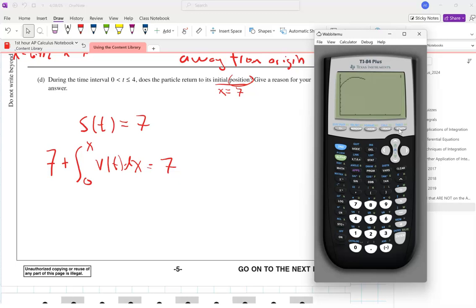But you have to remember how to get that integral graph on your calculator. That's a powerful tool to use, and I think an easier argument than making an IVT argument.